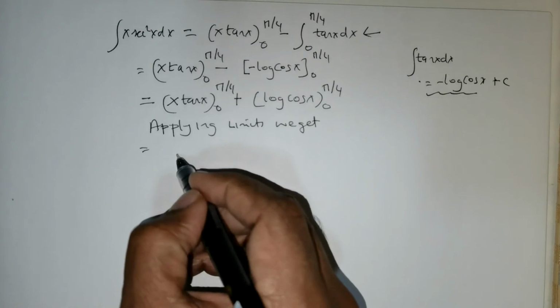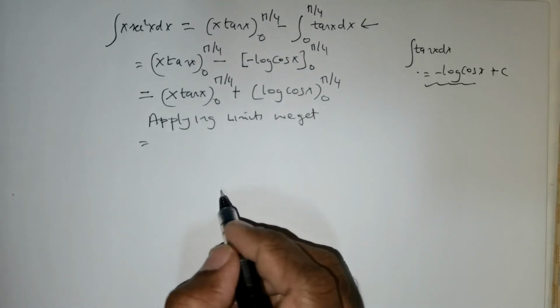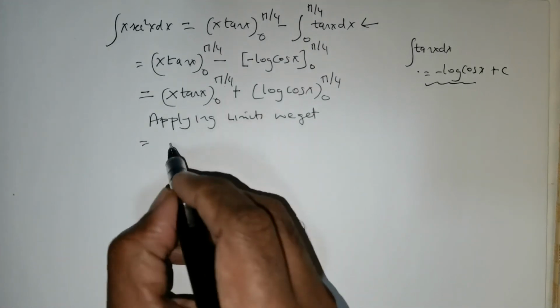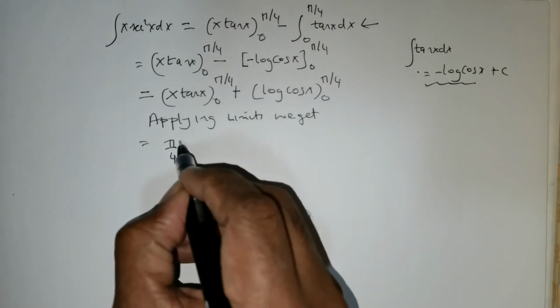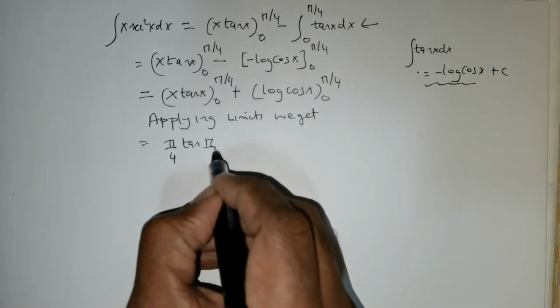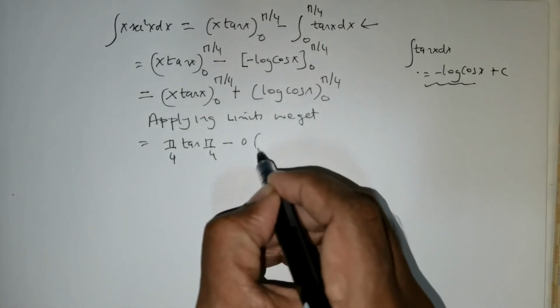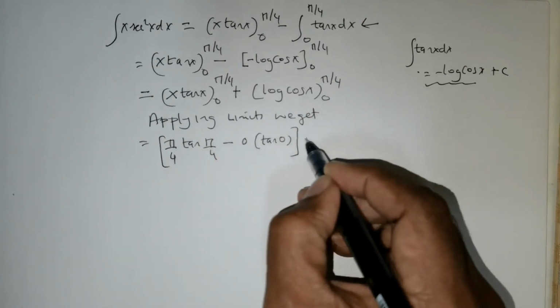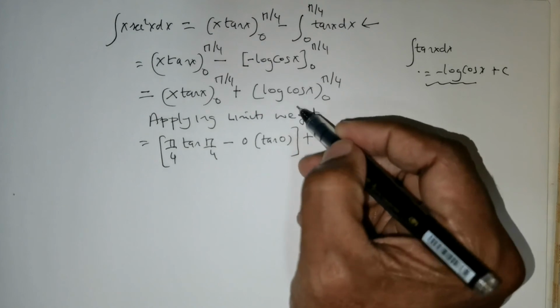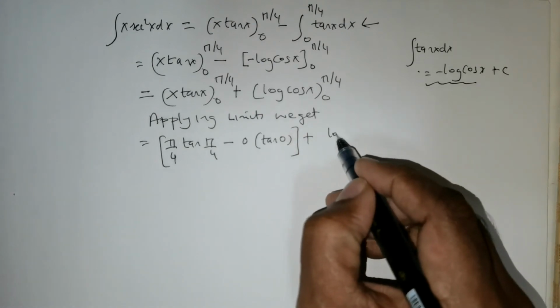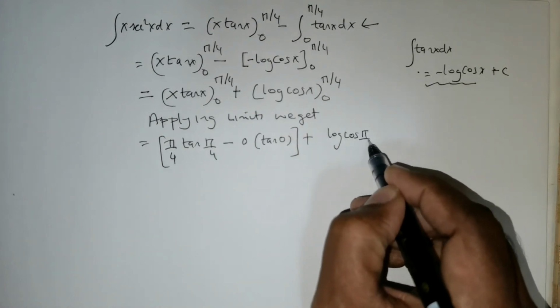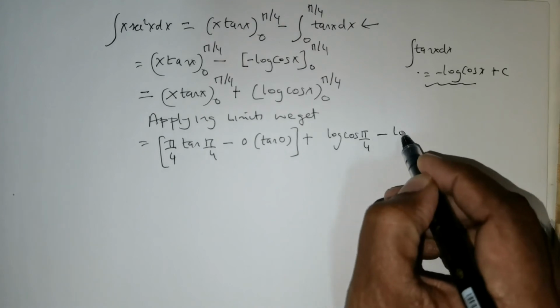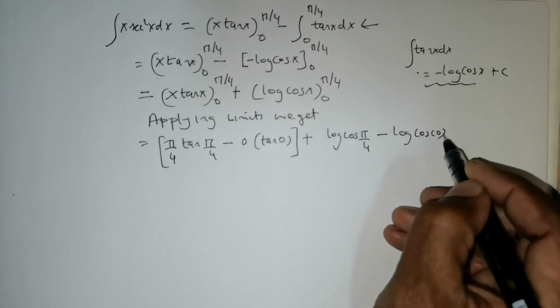Applying the upper limit, we get pi over 4 times tan pi over 4, minus 0 times tan 0. Following it up with the second quantity, it is log of cos pi over 4 minus log of cos 0.